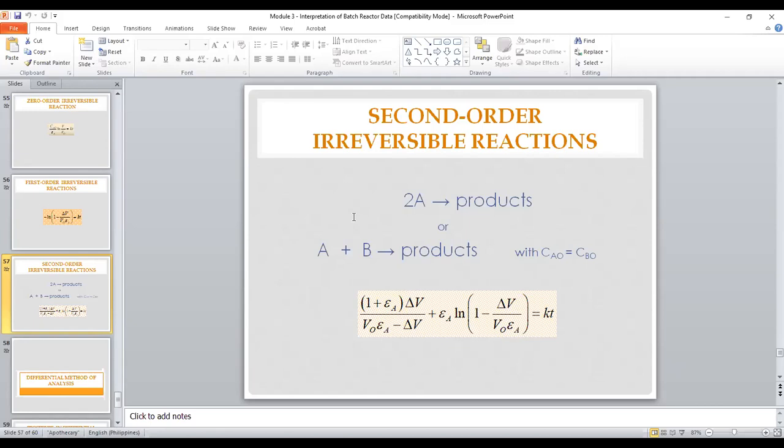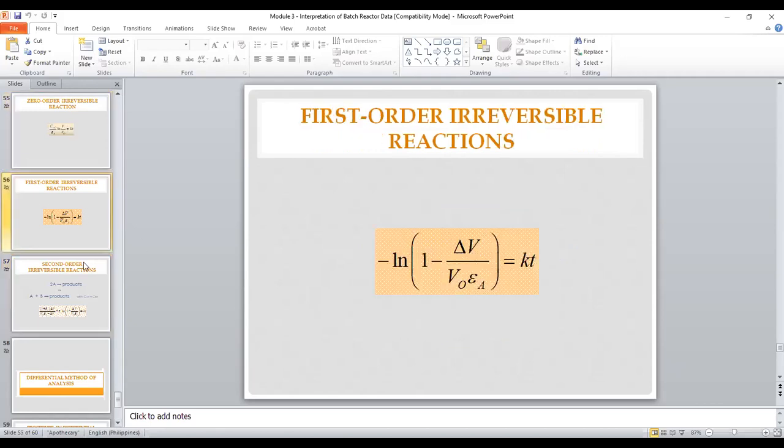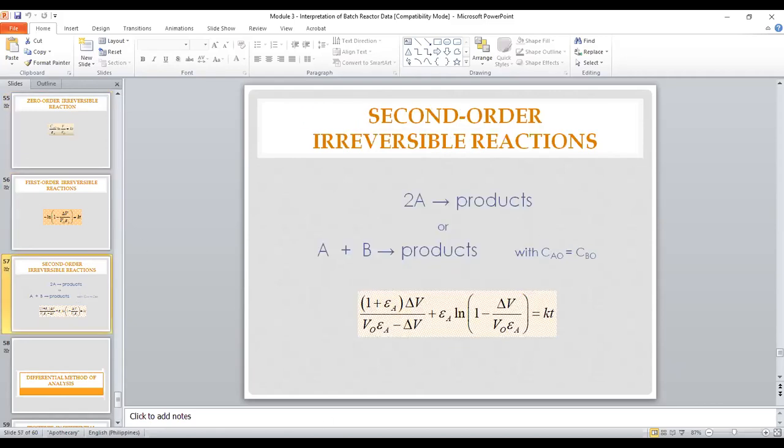But 95 to 98% of everything that is written in Levenspiel, we are covering. Okay, so in terms of examples on this, we will go to our book and check what we can work out in terms of problems where we can apply the formula.